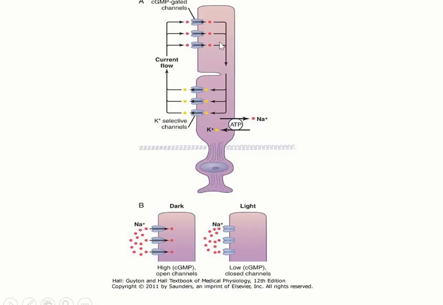Because of the influx of sodium ions, this receptor is depolarized and releases glutamate. Remember, in the dark, sodium channels are open, there is influx of sodium and release of neurotransmitters. But once the light strikes, these channels close and this leads to less release of neurotransmitters.